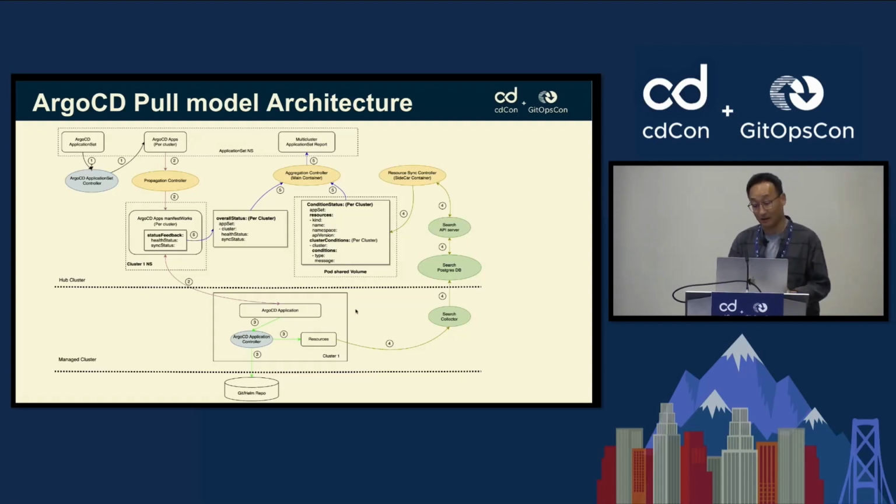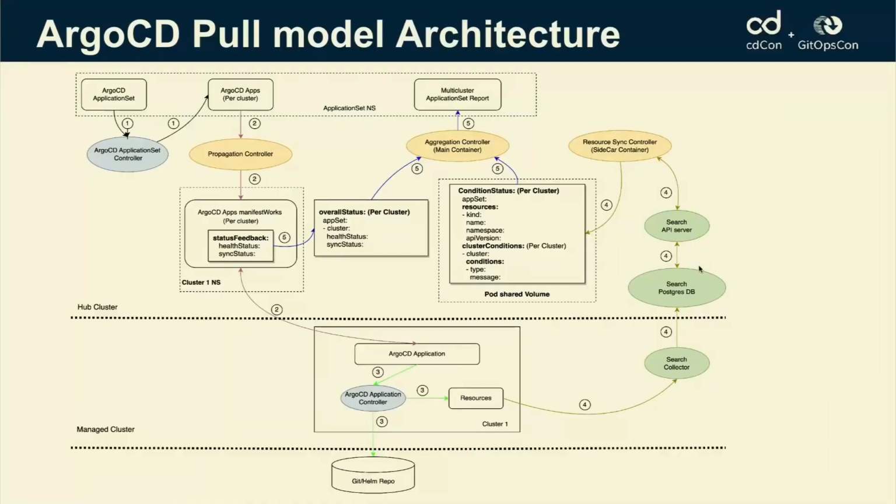And see here, the last major components that are shown here. All of these components are just for one goal. After we deploy all the ArgoCD applications to all managed clusters, we need to find a way to fetch the ArgoCD application status from all the managed clusters.